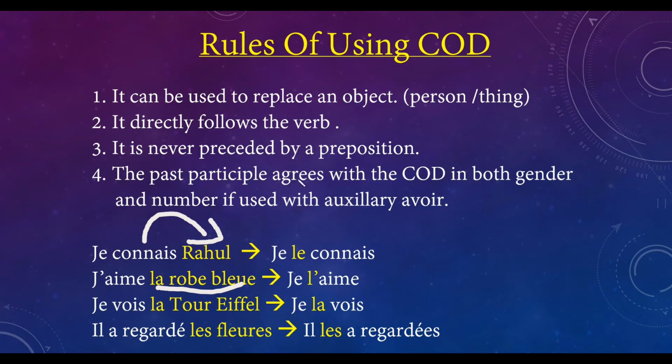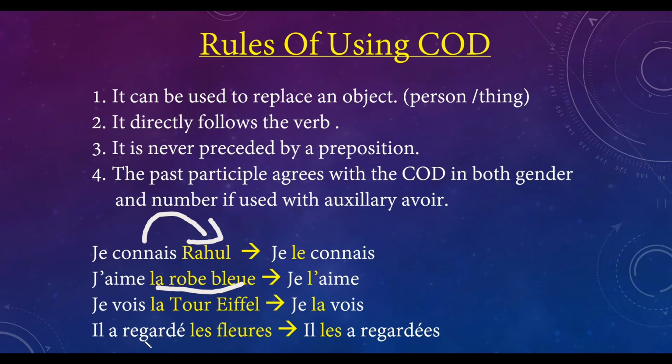Fourth point. The past participle agrees with the COD in both gender and number if used with auxiliary avoir. What does it mean? Let us see an example. Elle a regardé les fleurs. So as you can see, this is in passé composé. She saw the flowers in the past.